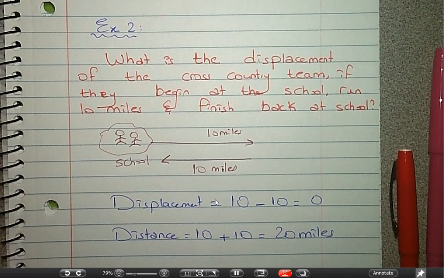We only care about the direction, the magnitude, when we are talking about displacement. Right? The next lesson will be about speed and velocity.